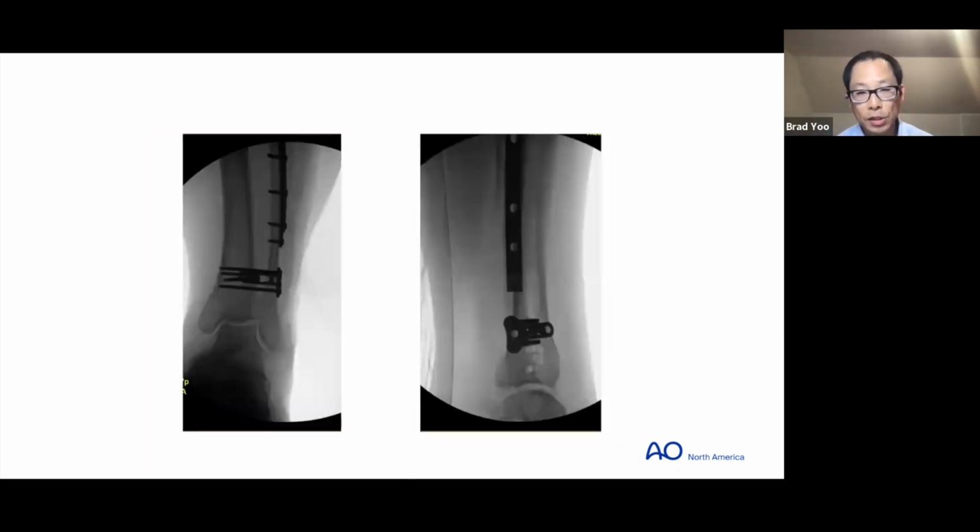And then this was actually a technique that Dr. Weber had shared with us at one of our learning experiences at the AO. What he taught me was that this implant, which is a simple T plate, has a dual function.